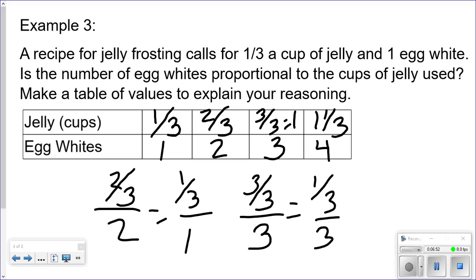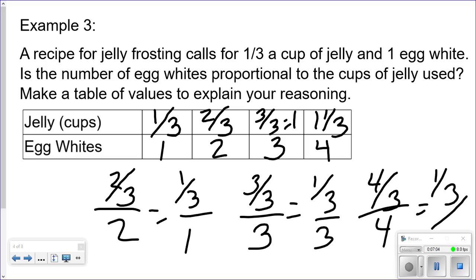And then the last one, if I had 1 1/3, or I can even say 4/3, it's the same thing, over 4, you're now once again going to get 1/3 over 1. So this relationship is proportional. The reason why it is proportional is because all of the rates simplify to a common unit rate of 1/3 over 1.